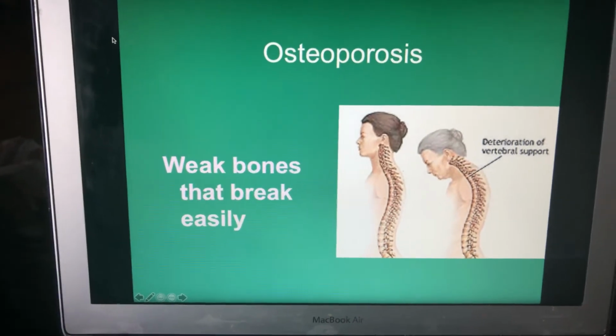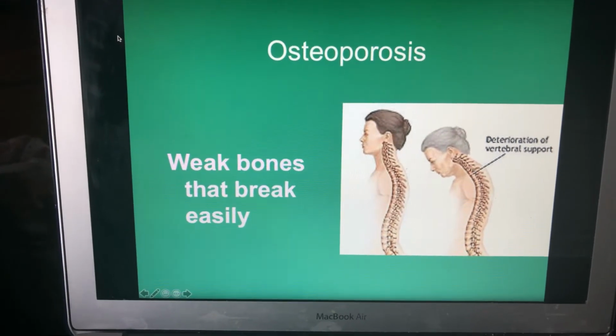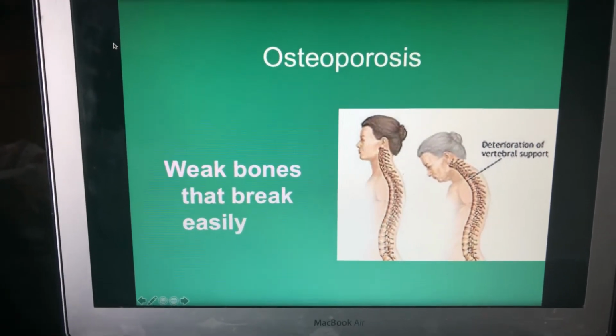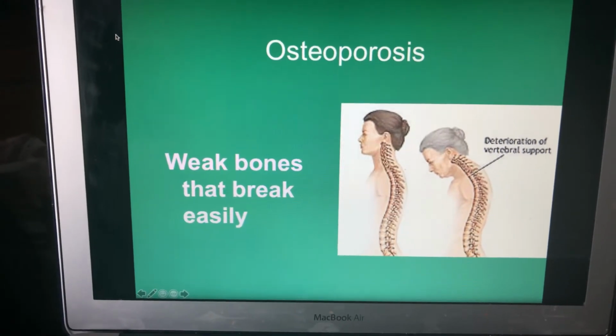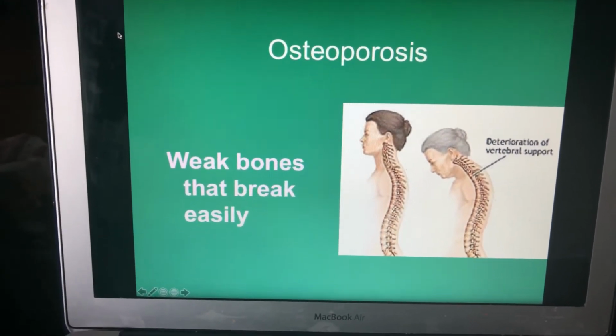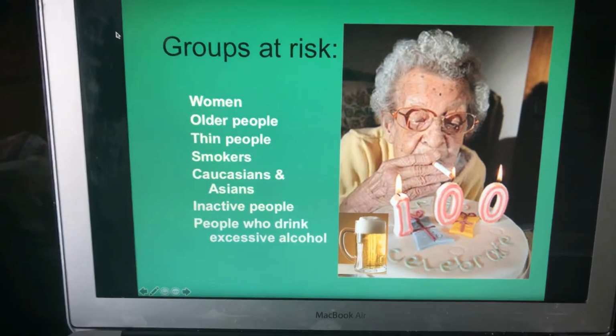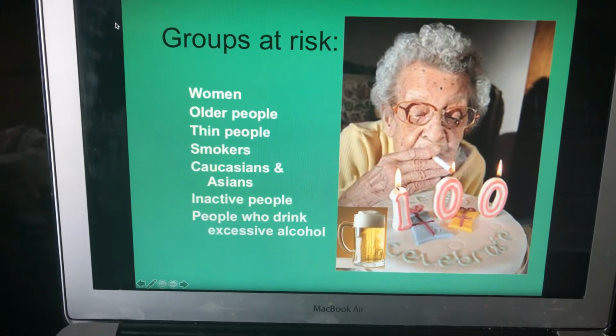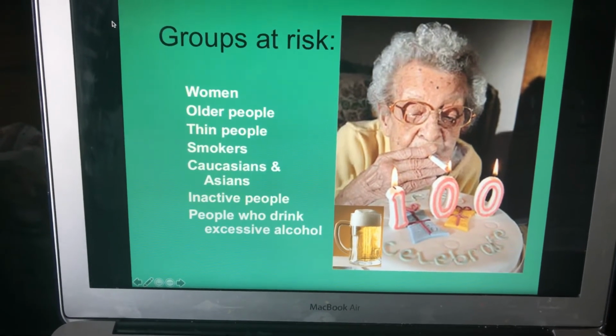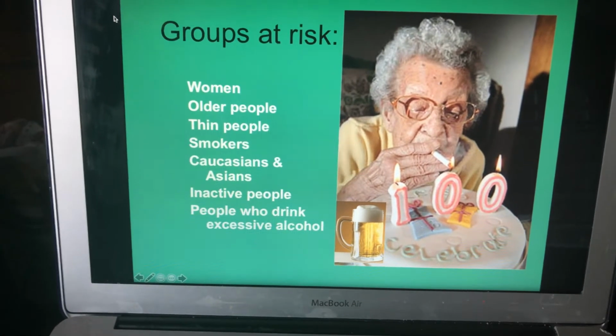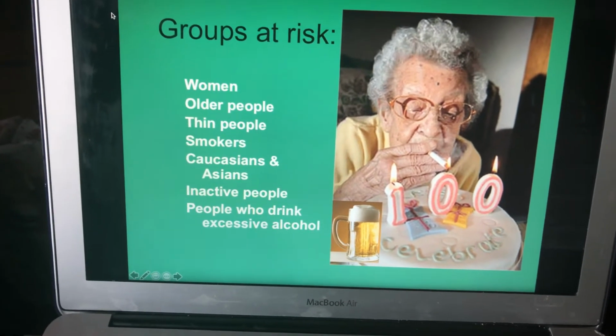Now, the disease that's associated with calcium is osteoporosis, which is weak bones that break easily. So people at risk for osteoporosis: women more so than males, but males do get it. The older you get, the more likely you are to have it.